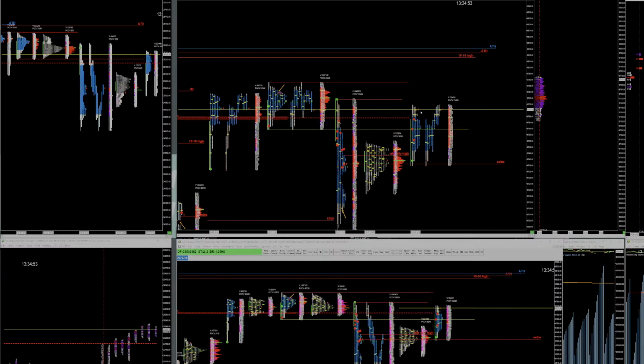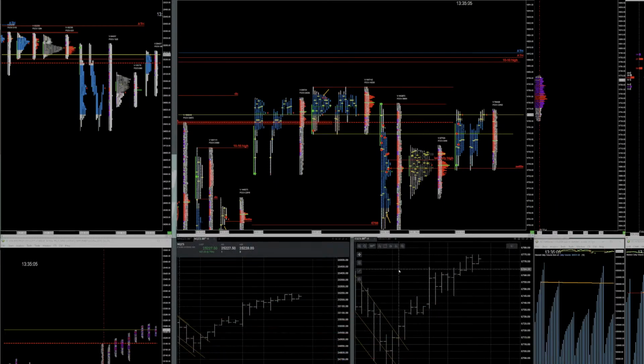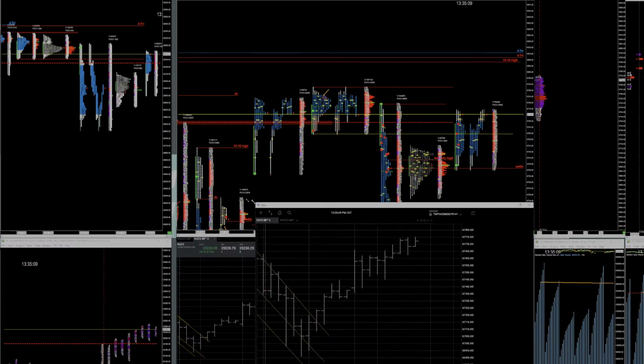I'm just starting to wonder here if, let me reduce this. Let me see if I can maximize this. Can I see that here in this chart?